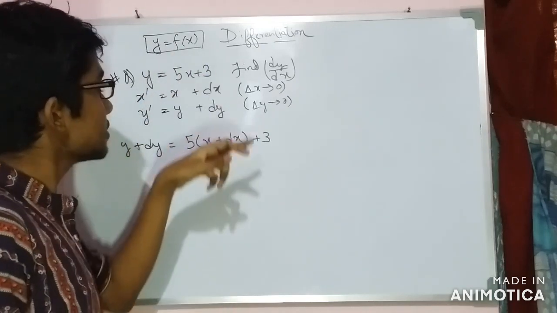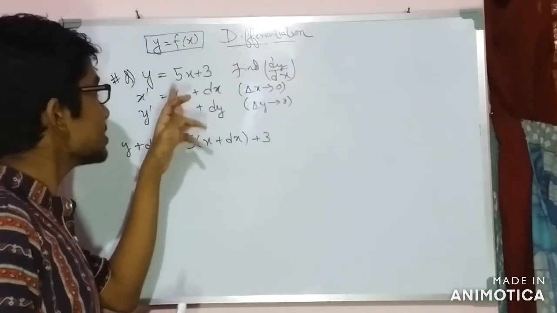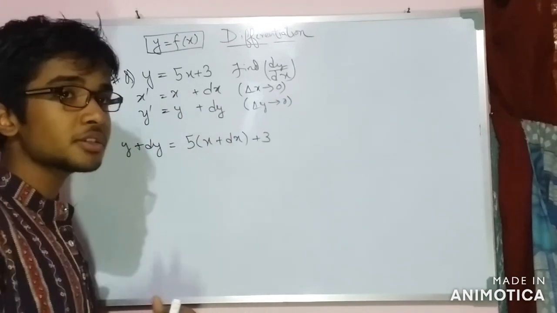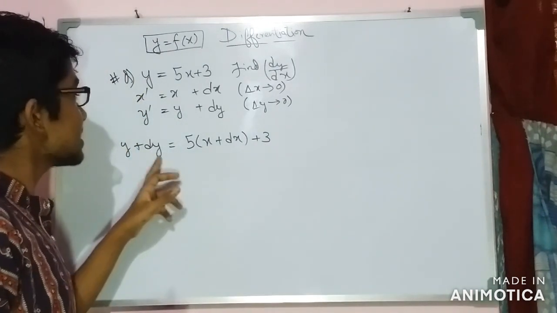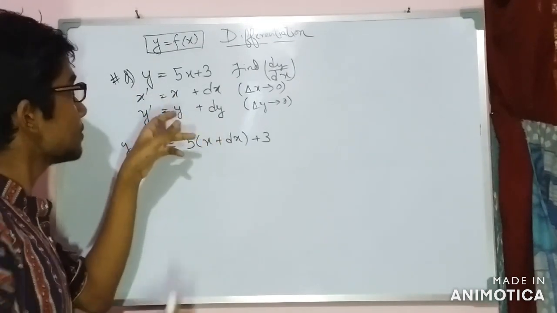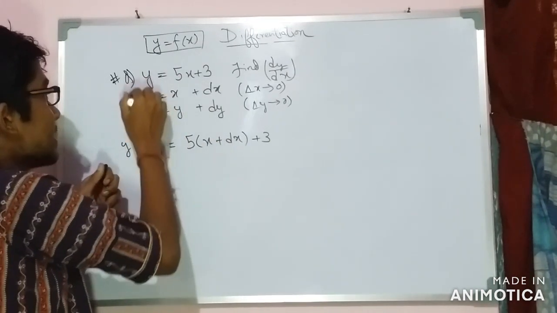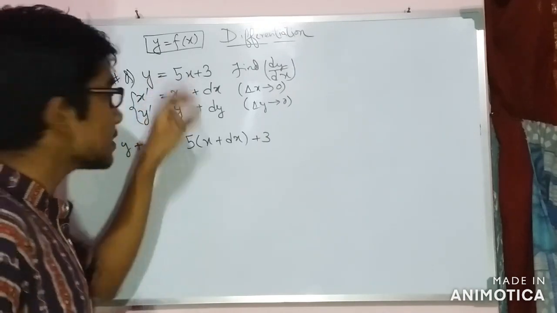Since it's a function, it will be valid for both the initial and final values of x, because if x changes, then y will also change. So this expression is valid for the final values of x and y also.